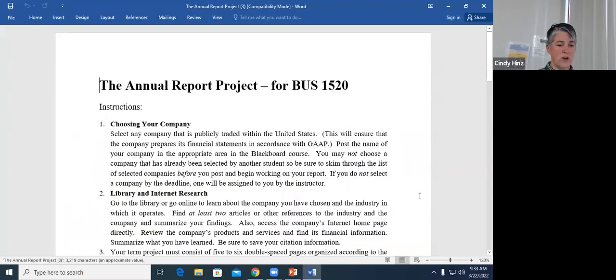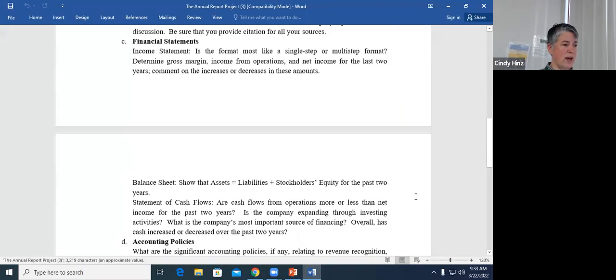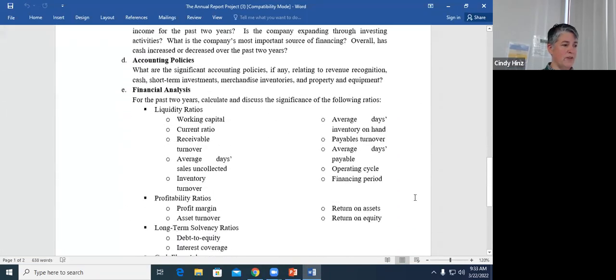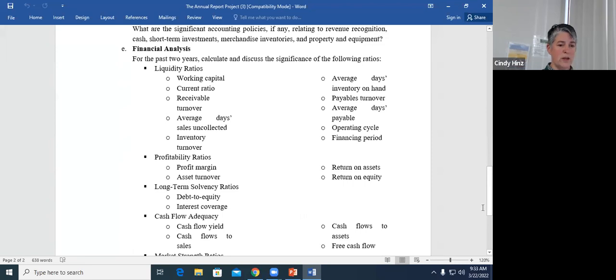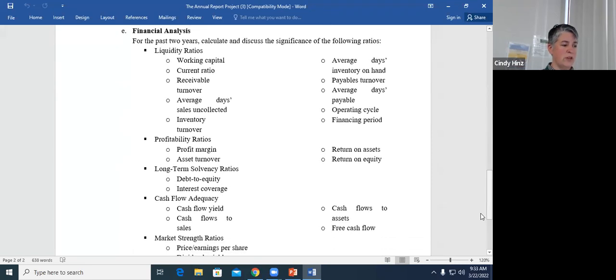If we go to the instructions for the project and we go down to the financial analysis portion, this portion of the project is worth a total of 30 of the 80 points, almost 40% of the total value. So I want you to notice this says for the past 2 years.